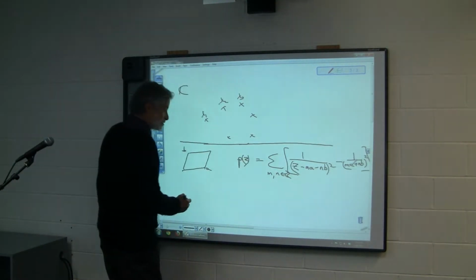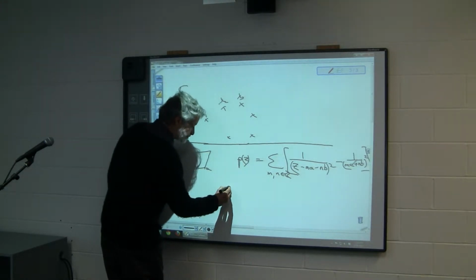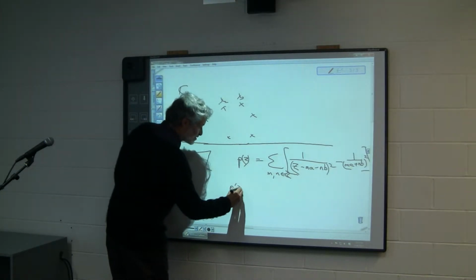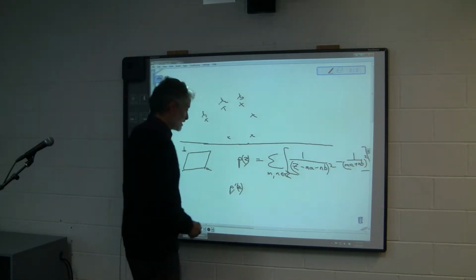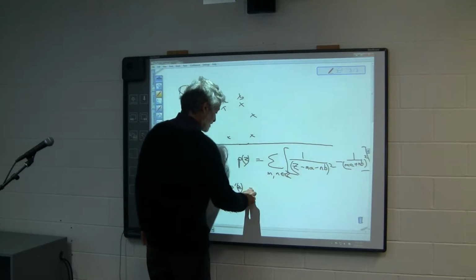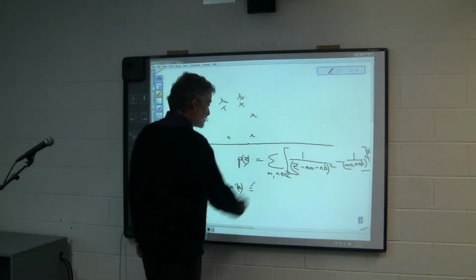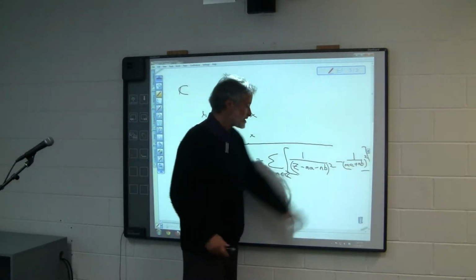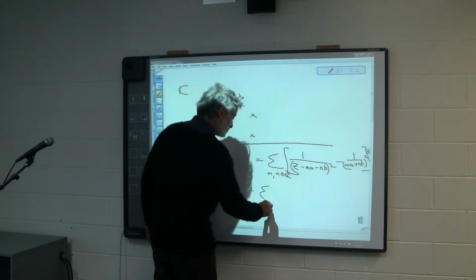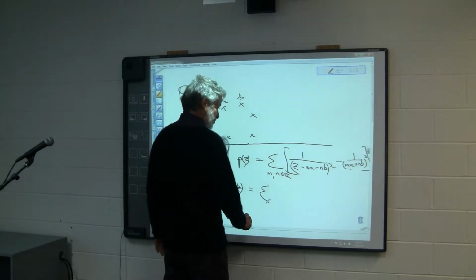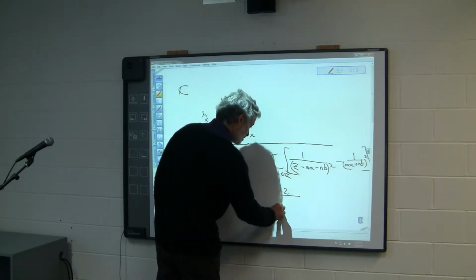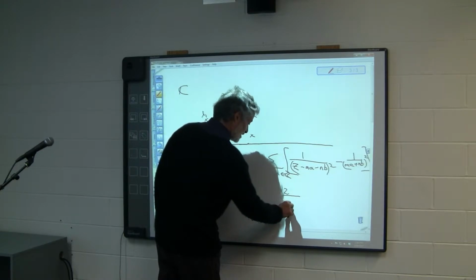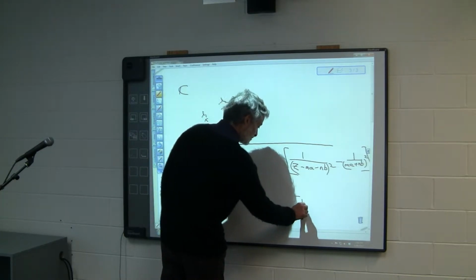You can form its derivative, P dash of z. In fact, you can form it by differentiating term by term. If you differentiate term by term, this is a constant, it differentiates away, and you get the sum of minus 2 over (z minus ma minus nb) cubed.